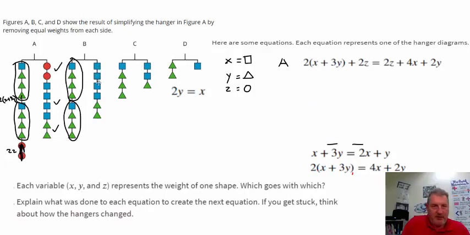And then on this side, we have 4 squares and 2 triangles, so 4 squares plus 2 triangles. It looks like that one is B. And that must mean this one is C. We have a square and 3 triangles. A square plus 3 triangles is equal to 2 squares and a triangle, 2 squares plus a triangle. So that one is C.